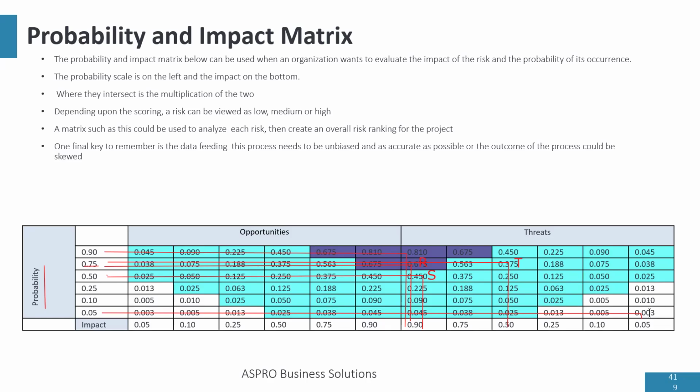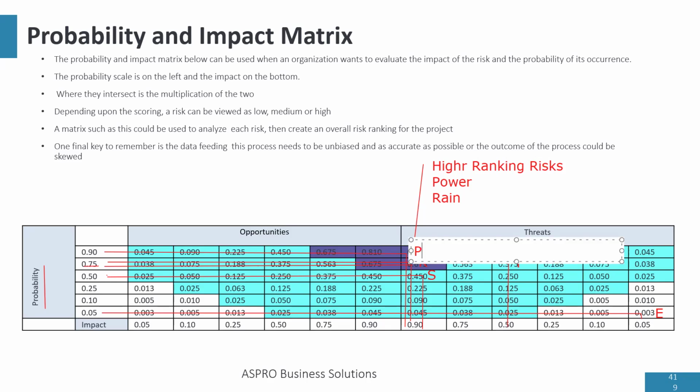So the question is, how do we use a probability and impact rating matrix? Don't forget that this matrix is color coded, and it's color coded for a reason. Risks that fall in this purple area are high ranking risks. What do we have under high ranking risk? We have power and rain. I think I forgot to write power here.